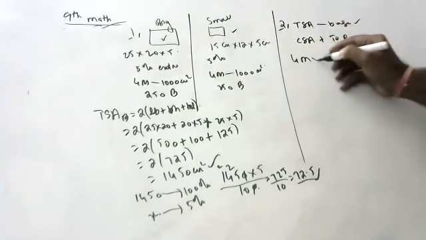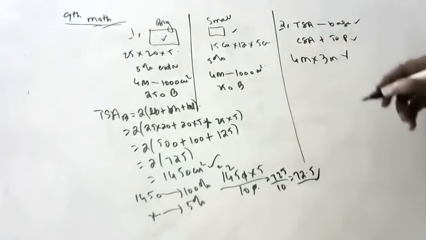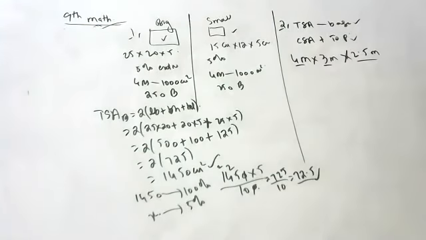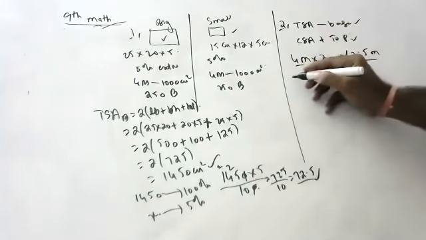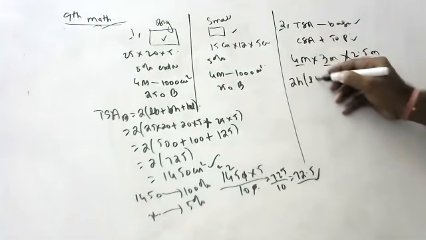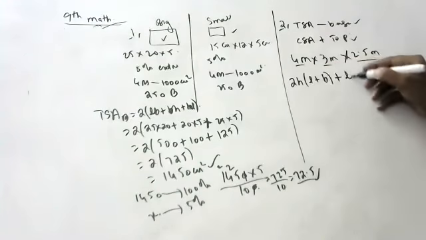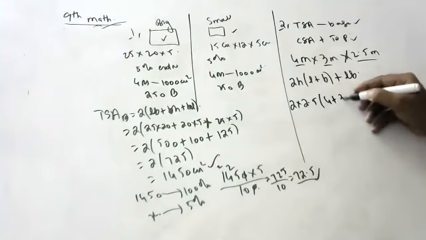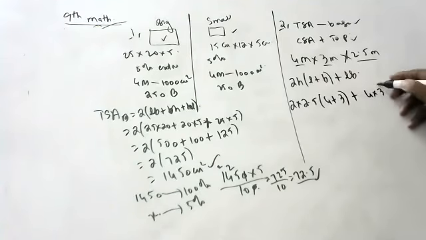Dimensions are 4 meter into 3 meter into 2.5 meter. Always the first one is length, breadth, height. Okay, CSA plus top you want me to do, so what is the CSA of a cuboid? 2h into l plus b. And what is the top? lb. Yes, children.